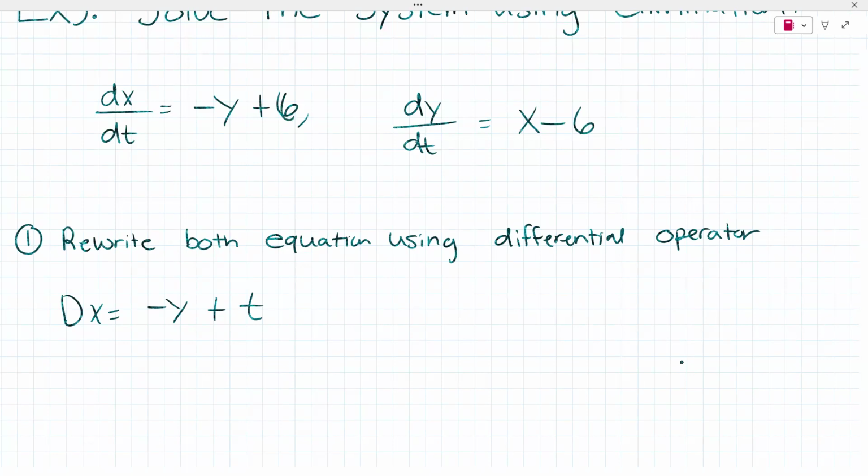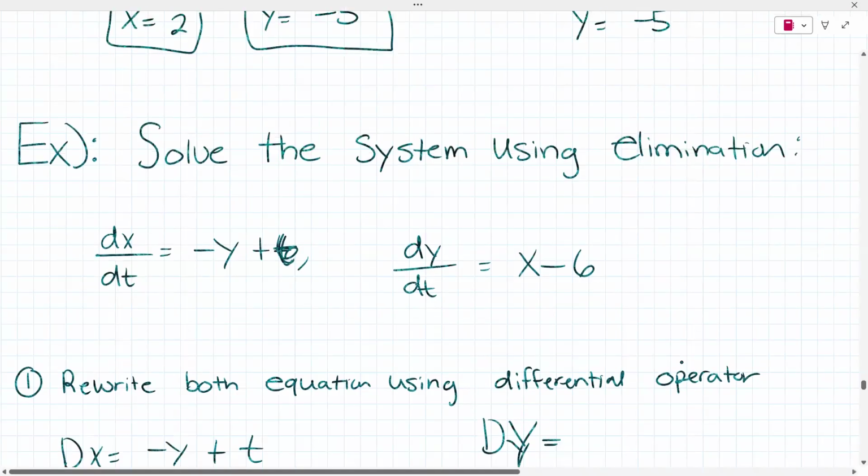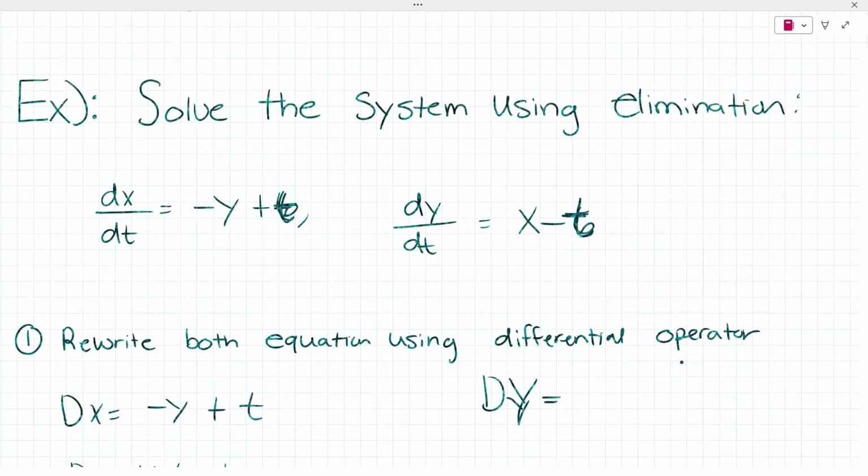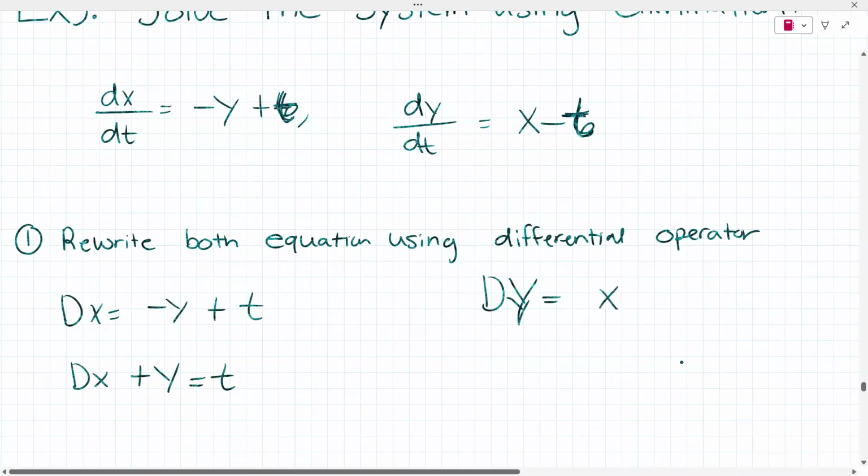I think this should be a t, not a 6. Sorry. And then you solve for t. So it's Dx plus y equals t. And then over here we have Dy equals x minus t. Why is this 6? This should be a t. So it's x minus t.